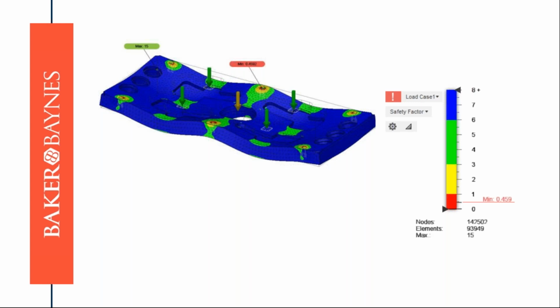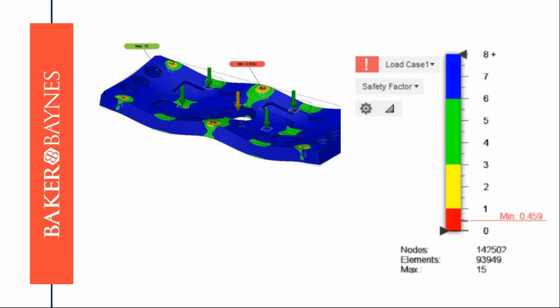So if you look at some of the results and just having a look at it, the probes that you see on screen, maximum in green, shown as 15, and minimum shown as 0.4592. These probes are automatically there. You could also probe different areas of the model to see what's happening in that, and depending on what it is. So this is looking at safety factor here.